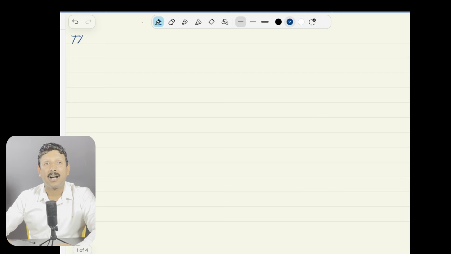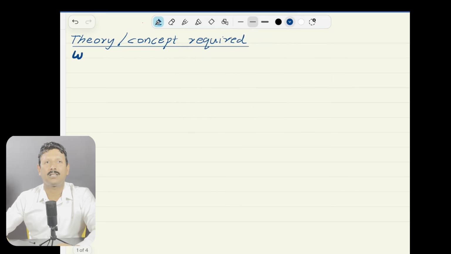We can start the theory part first, because you should know some background knowledge required to solve this one. Laser beam related energy calculation and force exerted by the laser beam, such things we are going to discuss now.